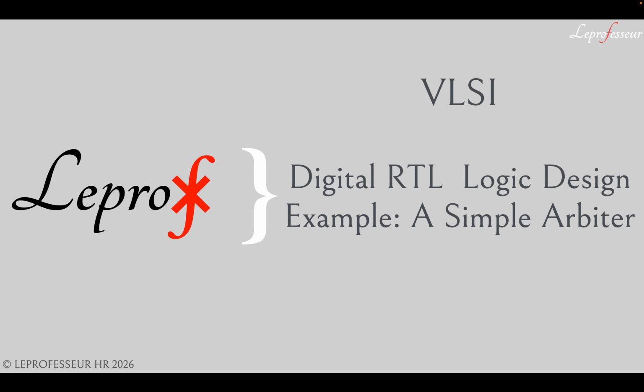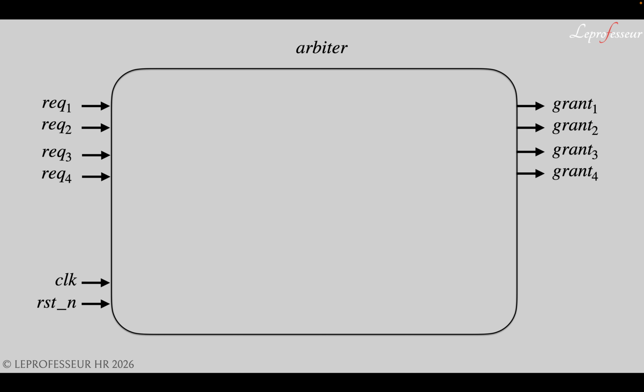This is a very basic code of an arbitration logic, a very simple round robin arbiter. So let's look at that. Let's define the problem statement. We have a few agents who are requesting access to a memory, for example, or it could be anything.